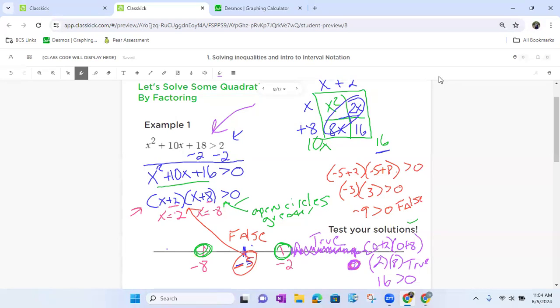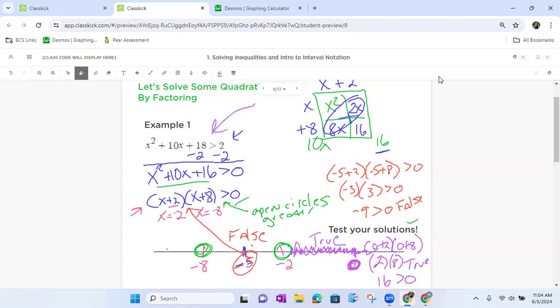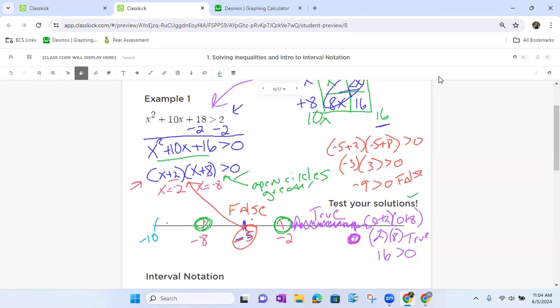And then I'm going to test it on the other side. Once you test the middle and one outside point, you usually have the solution. So maybe I pick the number -10. Let's go ahead and check that out. So I'm going to plug that into our equation: -10 plus 2 times -10 plus 8 is greater than 0.